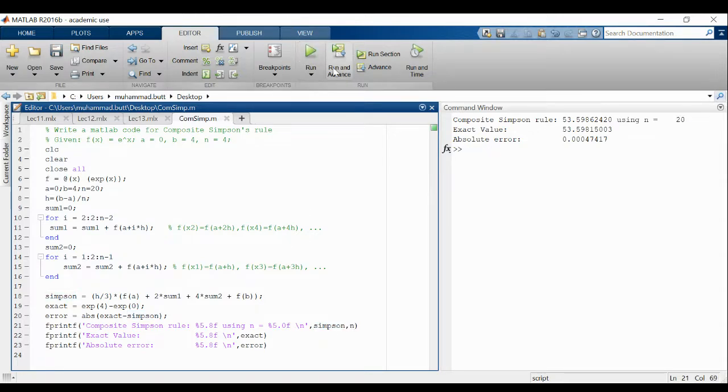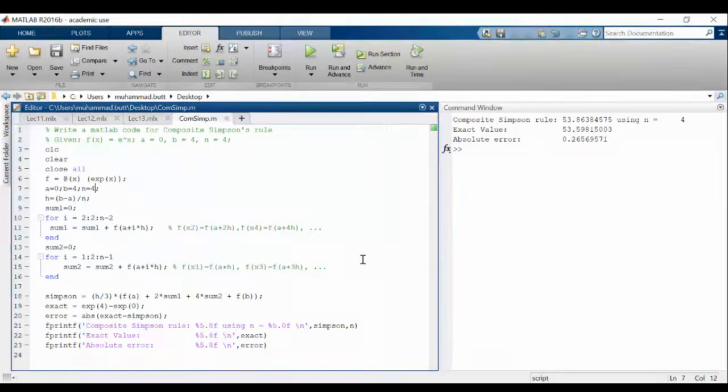Let's see what I mean. So now you can see how many n's you have used. Okay, you got my point. So for example, if you change this one, you see using n, this is what I mean. Okay, so you can see now that I have run it.